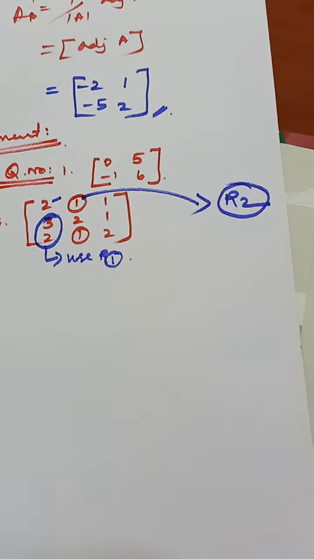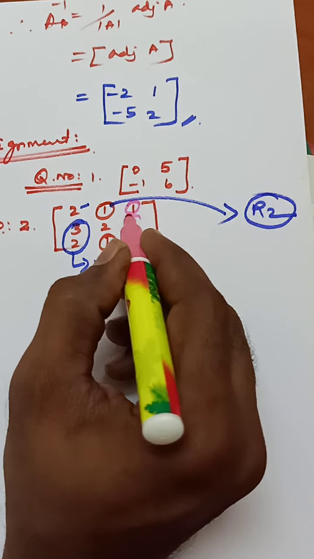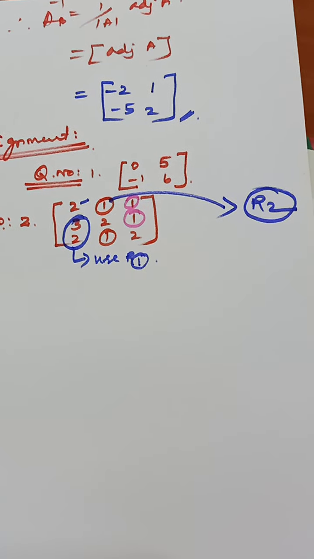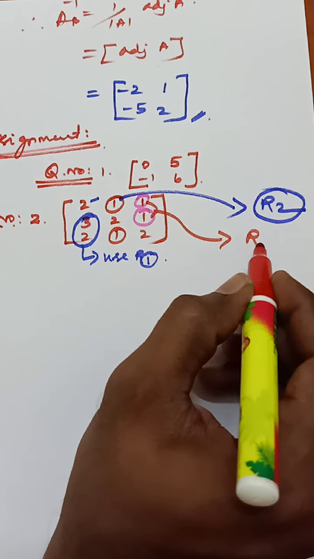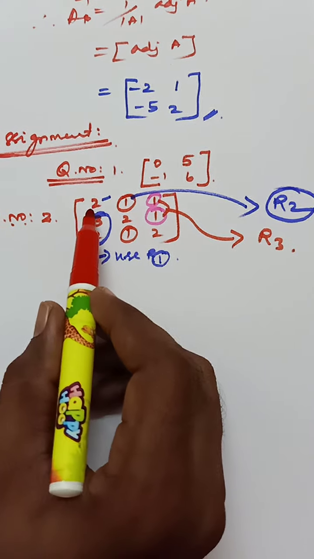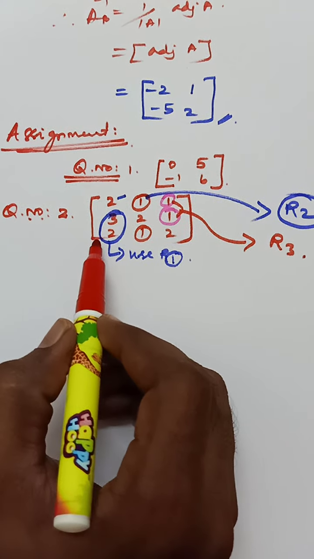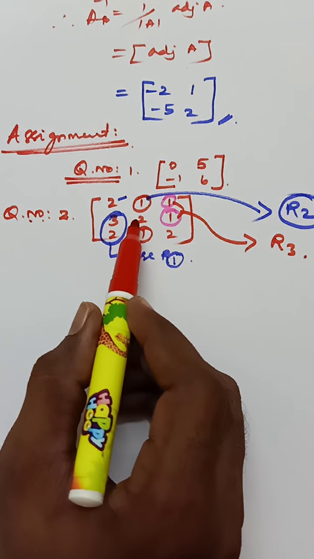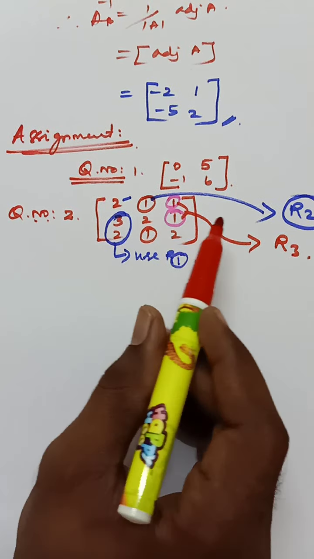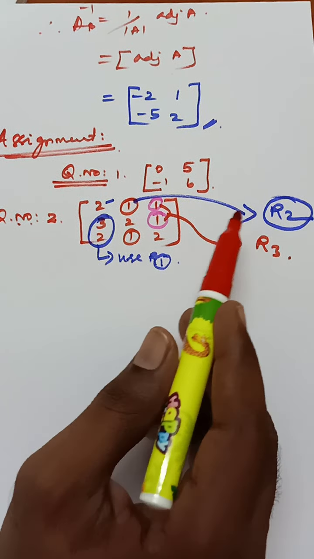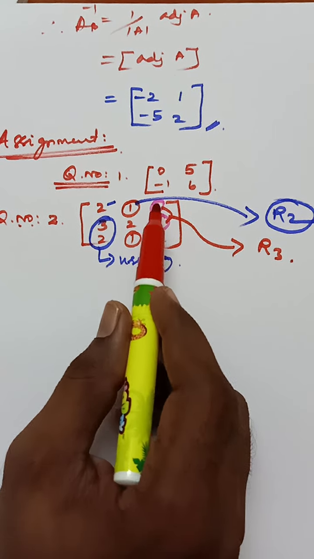Step 3: these two places use R3. So what I am saying is, make this number 1 and these two numbers 0. Step 2, make this number 1 and make these two 0 using R2. Step 3, make this number 1 and these two become 0.